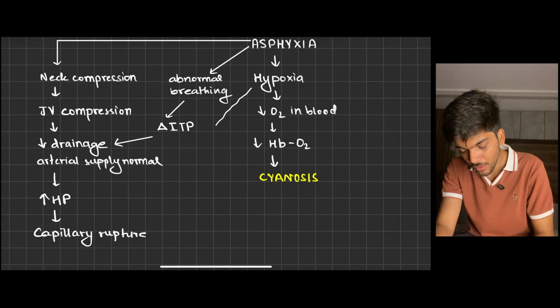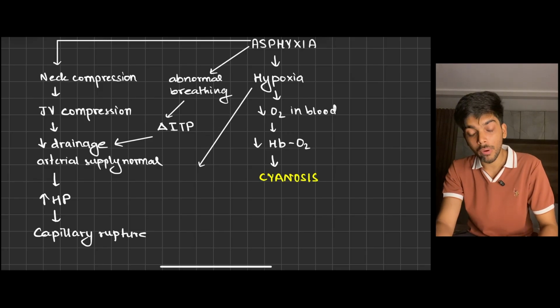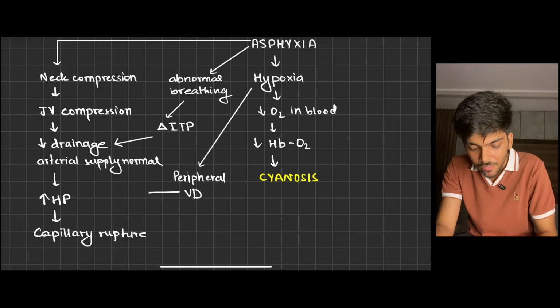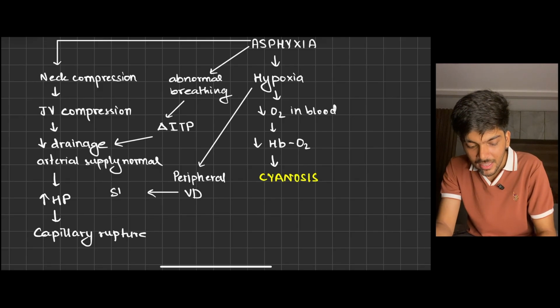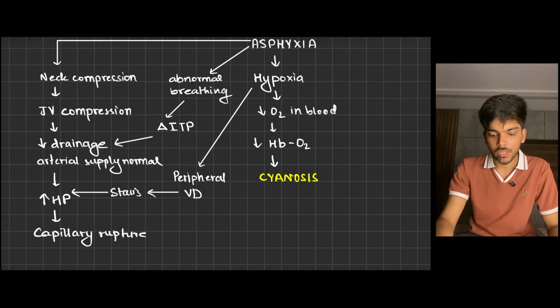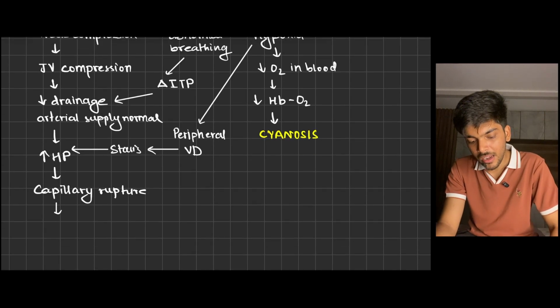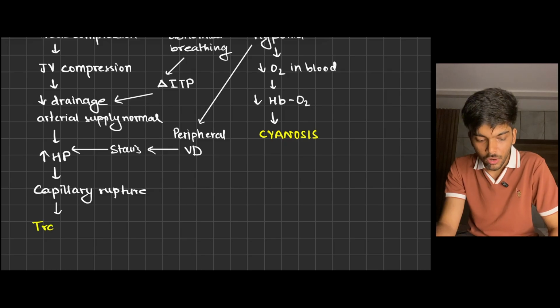Another way you can understand it right here. See, hypoxia, you might already know, leads to peripheral vasodilation. With peripheral vasodilation, there is stasis, and stasis also results in increased hydrostatic pressure, eventually leading to capillary rupture and your Tardieu spots.